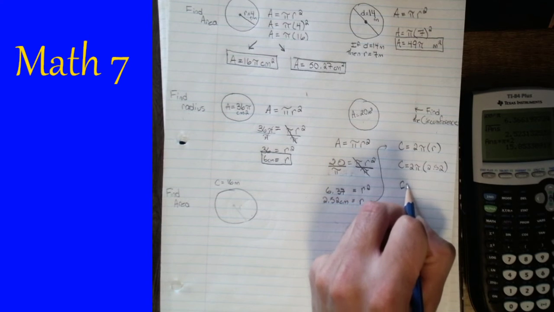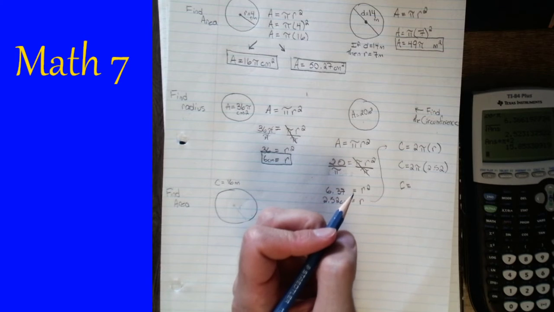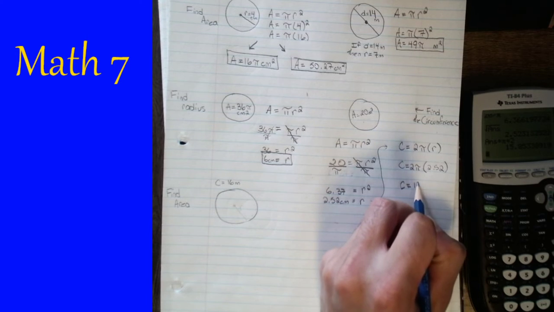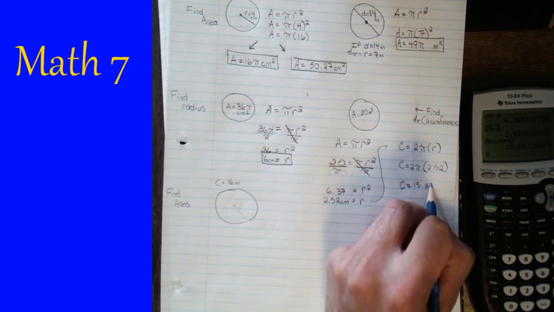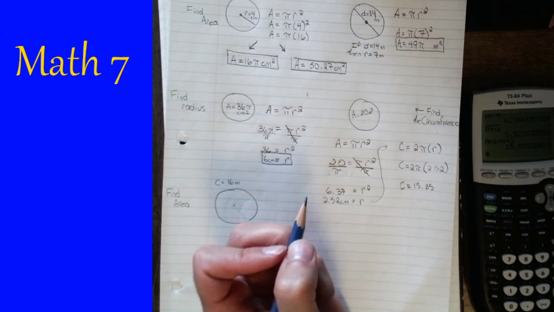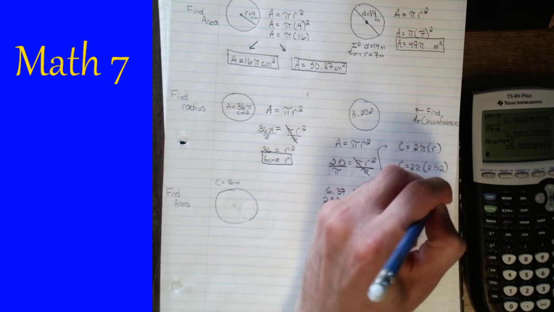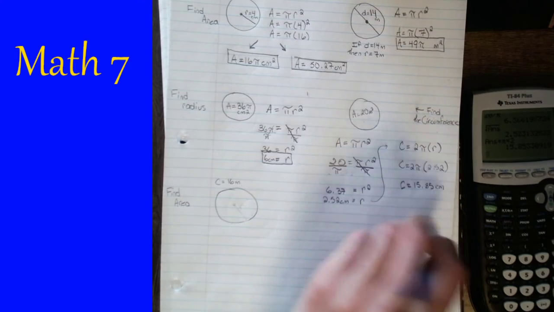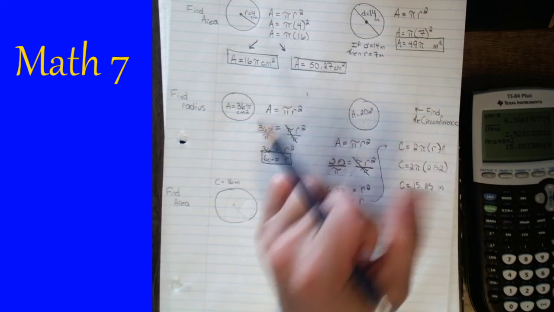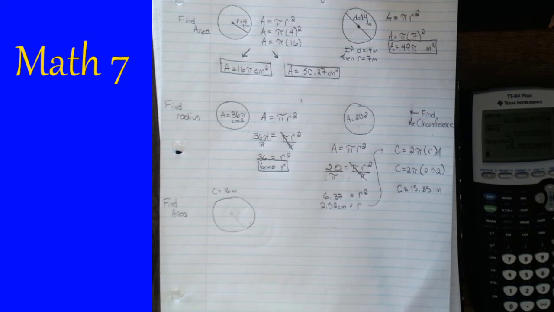So circumference is equal to 15.85 meters, because this is in meters. Okay, so that's kind of how you do that process.